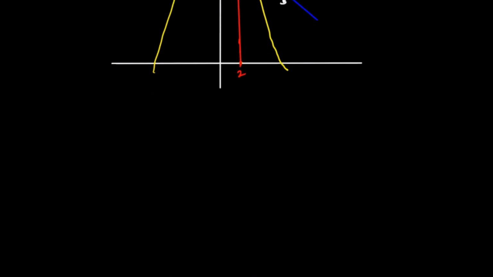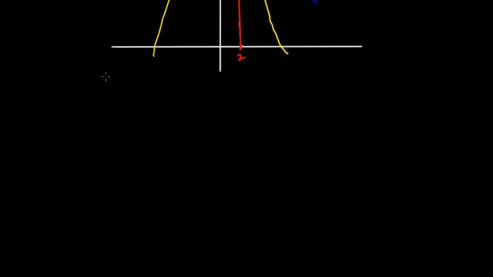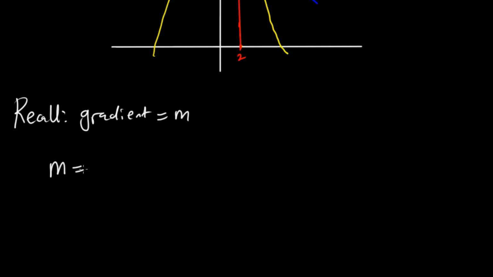So let's start this tutorial fully. Now also recall that under equations of a straight line, whenever we are trying to calculate the equation of a straight line with gradient equal to m, we simply use the formula m equal to y minus y1 over x minus x1.